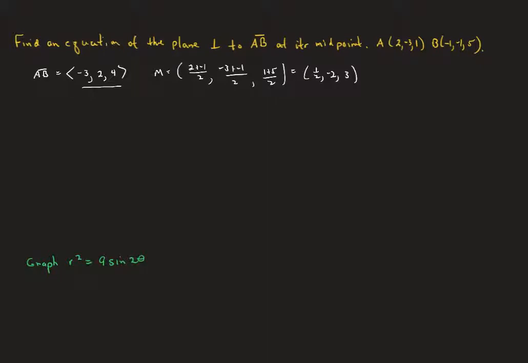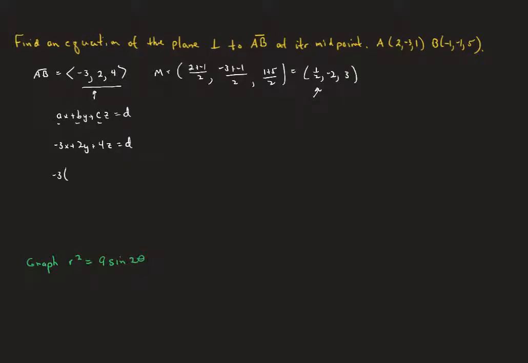So we can think of in our Ax plus By plus Cz equals D, that's going to be our equation of the plane. The A, the B, and the C are coming right from here. And we're going to plug this point in to find out what the D is. So it's going to be negative 3x plus 2y plus 4z equals D. And then I'm going to plug in those numbers.